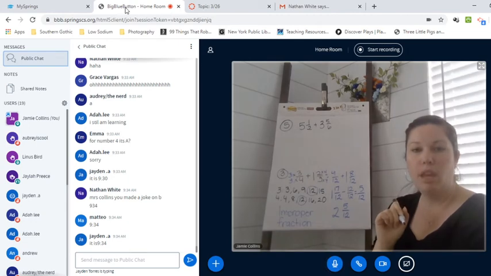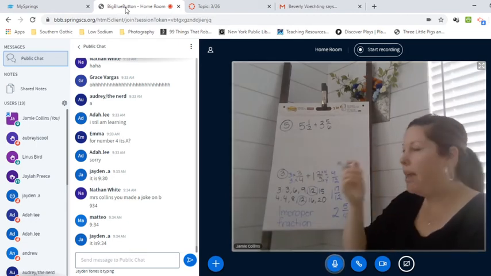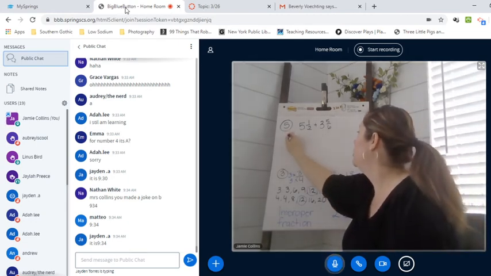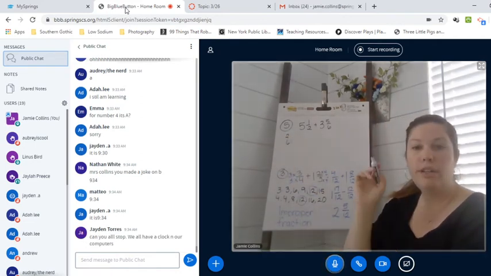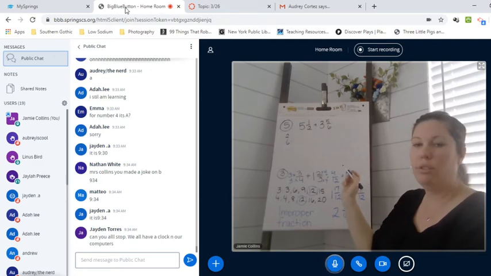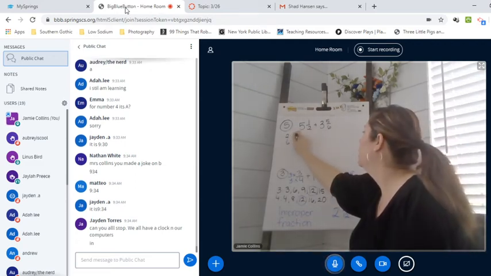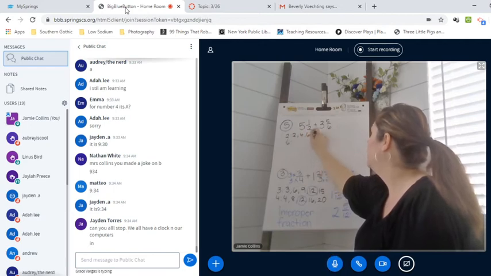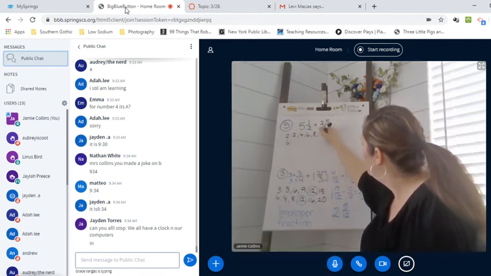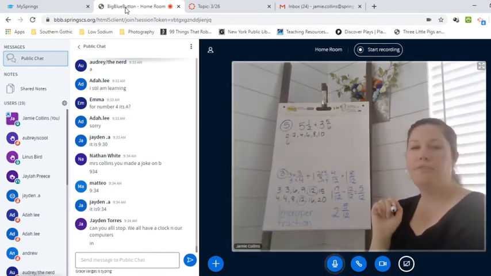Okay, so first let's find our LCM. So we'll do that for 2 and for 6. So we're just going to write down our multiples for 2. So 2 times 1, 2 times 2, 2 times 3, and I'm going to go to 5.